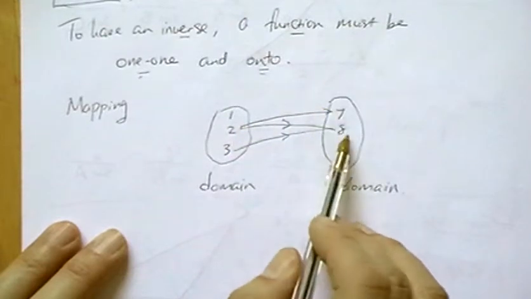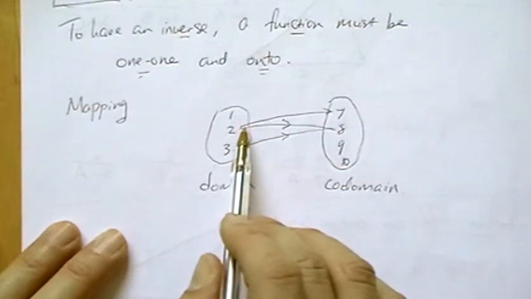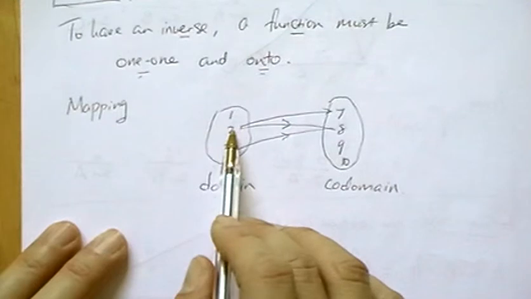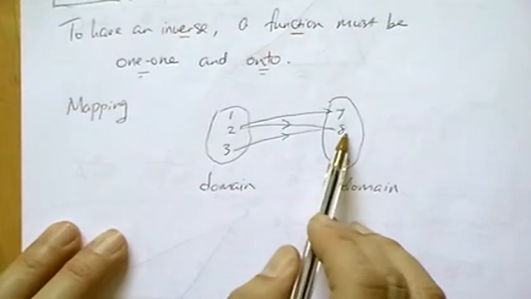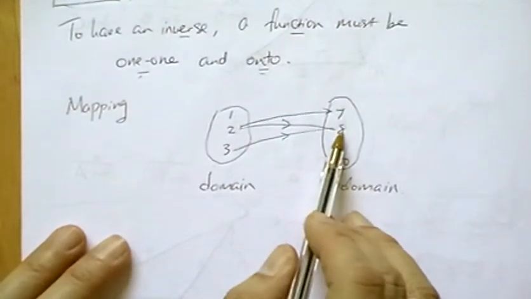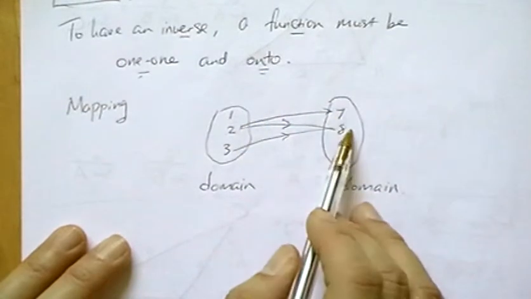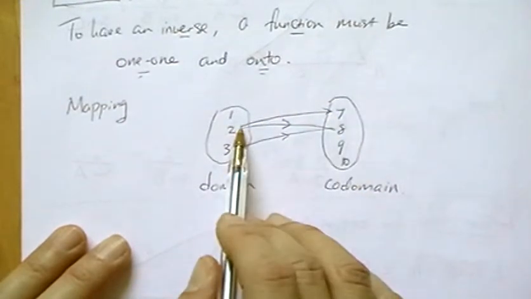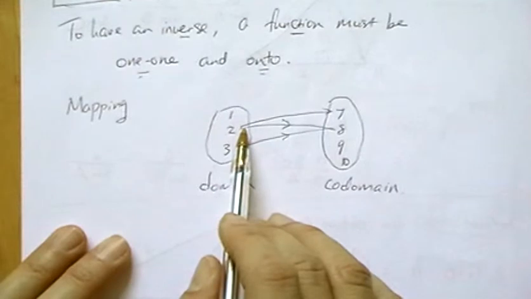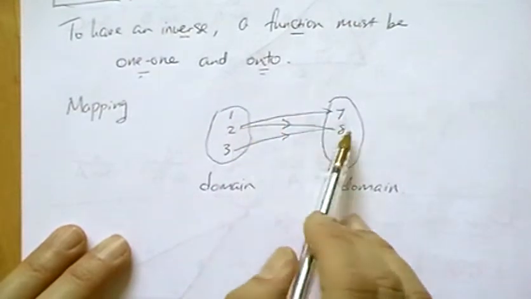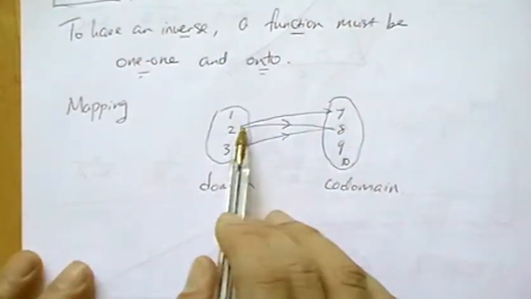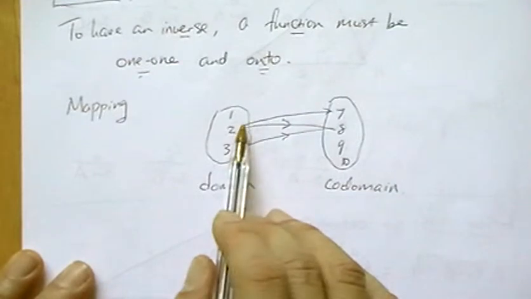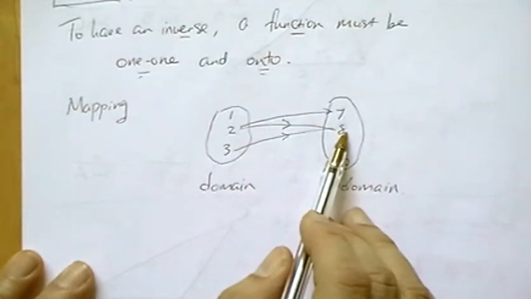So this means that the answer of the mapping of 2 is not just 1, but I can have 2 answers. We describe this situation by saying that this mapping is not unique. Unique means just one answer. So in this case, the mapping from 2 to 7 and 8 means that it is not unique.